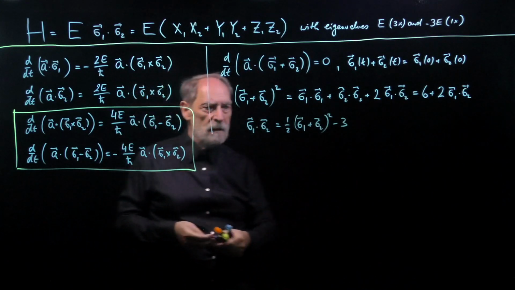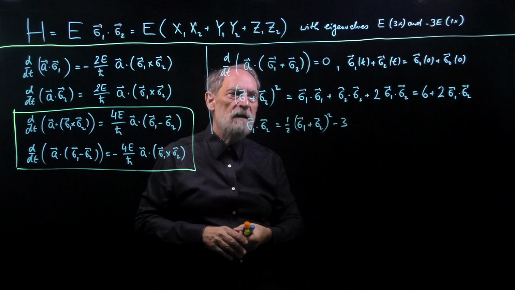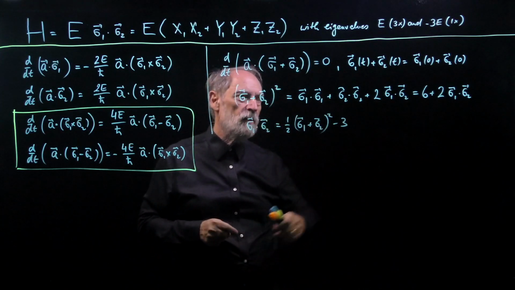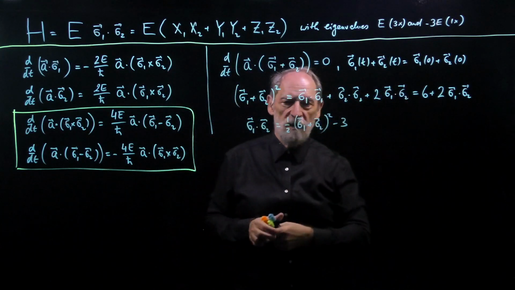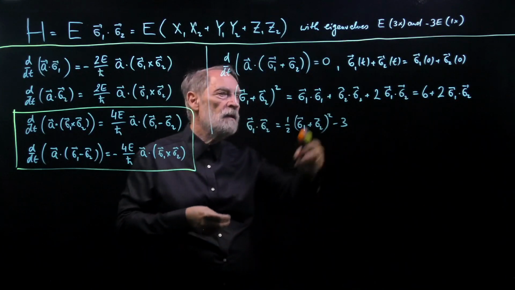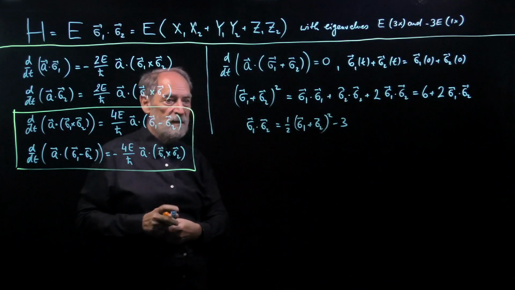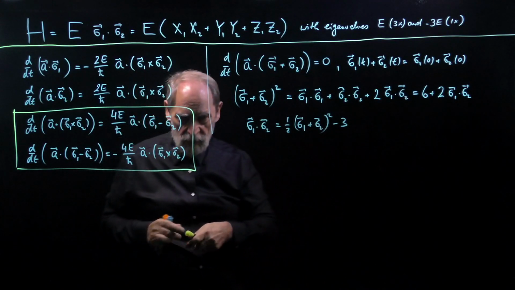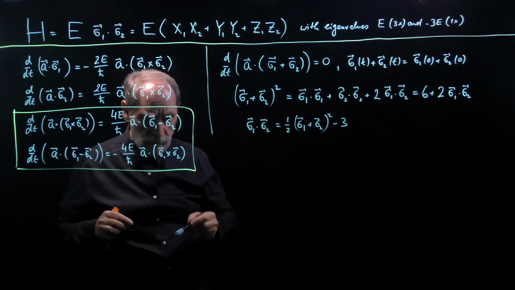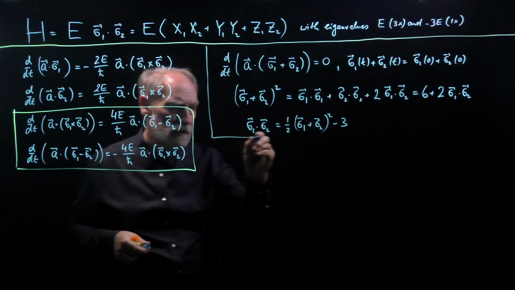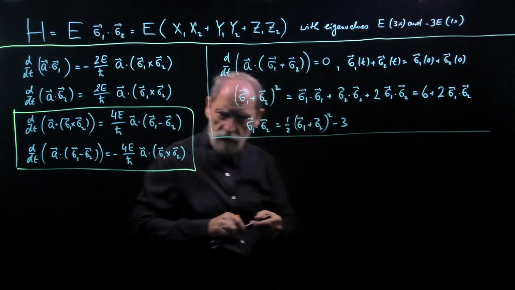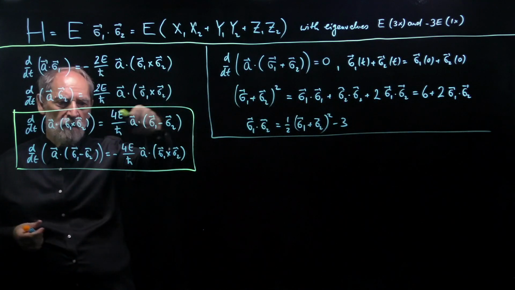So once we have seen that, it is not a surprise at all that sigma 1 plus sigma 2 does not depend on time, because sigma 1 plus sigma 2 is just an ingredient in the Hamilton operator itself. Right. But now let's focus on the expression that we have over here.